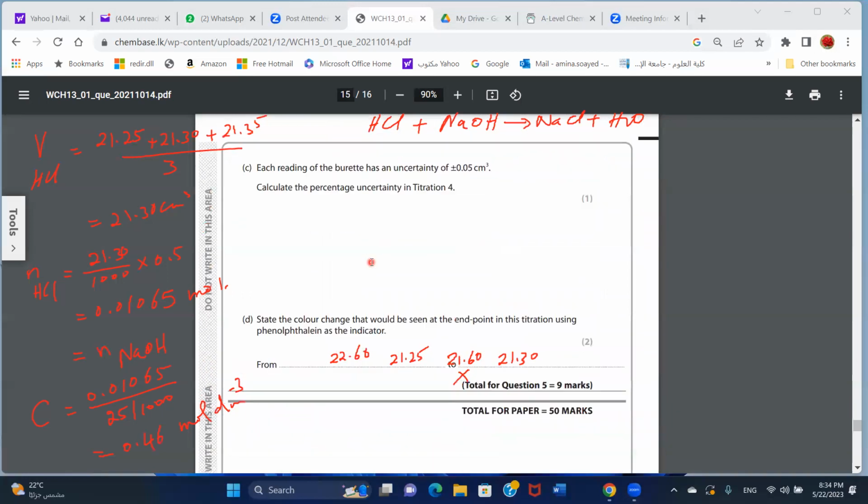Abdurrahman, each reading of the burette has an uncertainty of plus minus 0.05 centimeter cubed. Calculate the percentage uncertainty in titration 4. Titration 4 is 21.35.